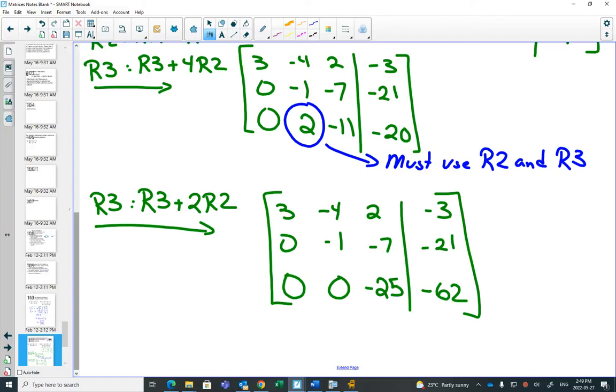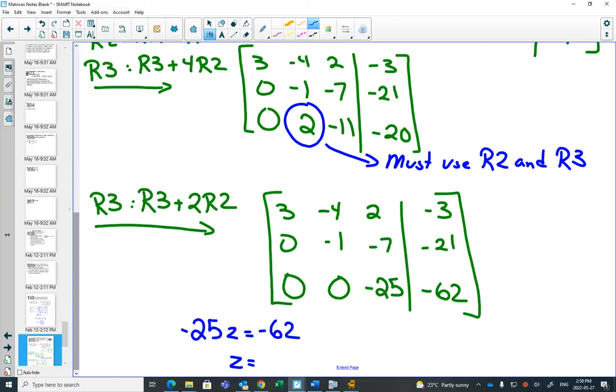Really nice numbers. But at this point, we can now say that negative 25 times z is equal to negative 62. And z is going to equal 62 divided by 25. Hey, that's actually some good mental math. Is that 2.48? Is that what it was on the other page?